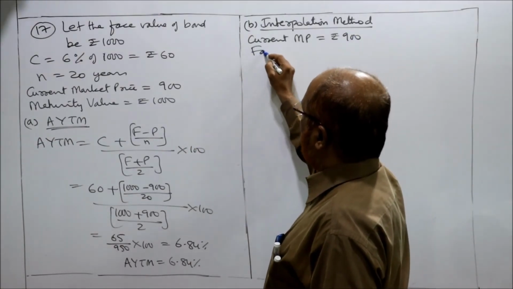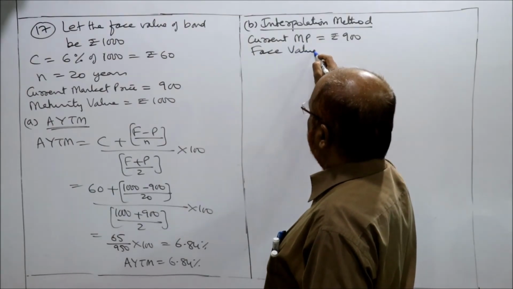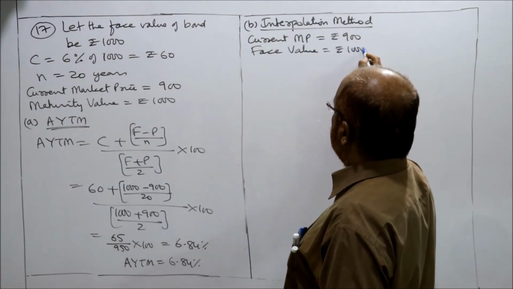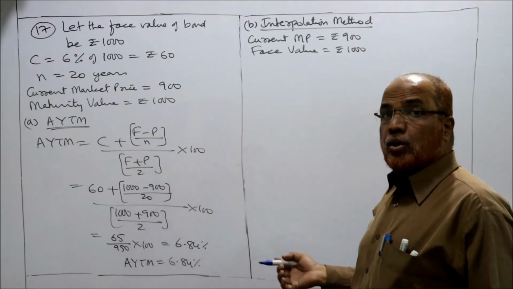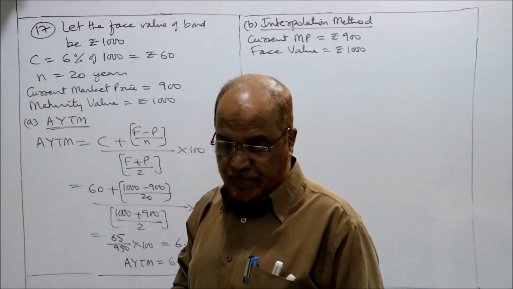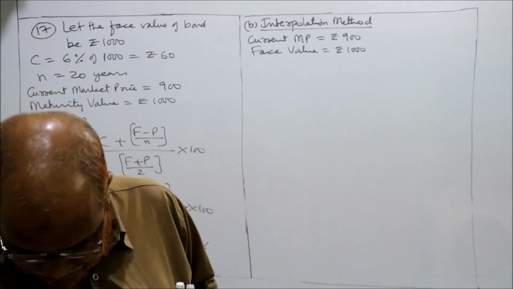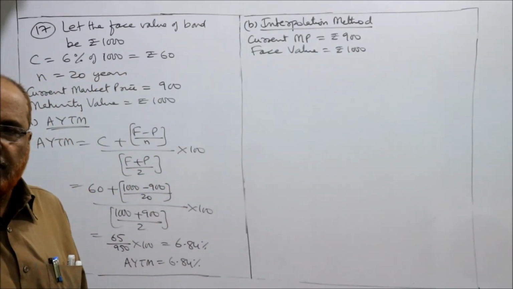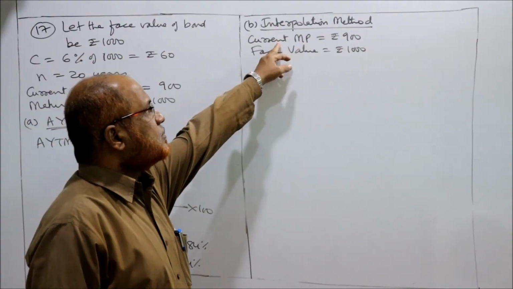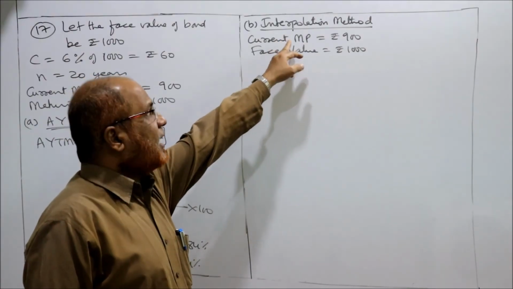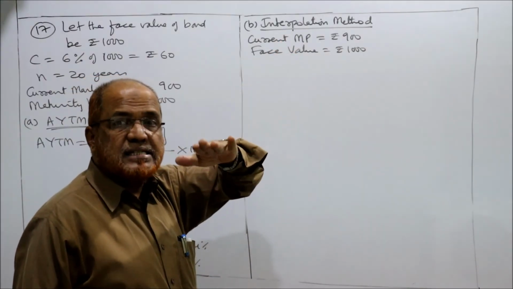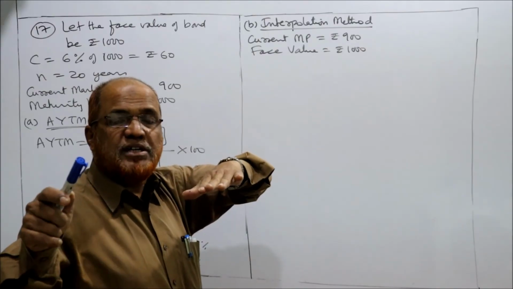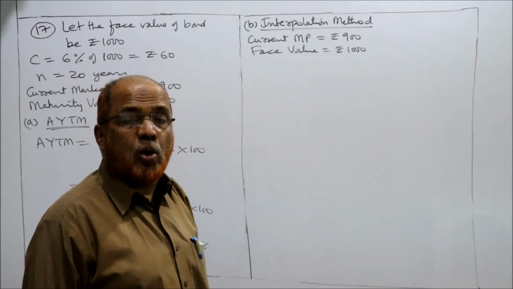And face value of the bond is rupees 1000. So again, just like the previous problem. What did we do in the previous problem? We have compared the current market price with the face value. If the current market price is less than the face value, it means the required rate of return is more.